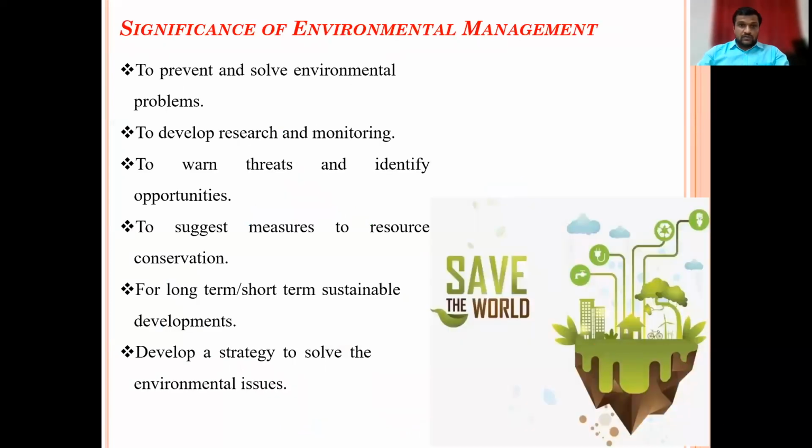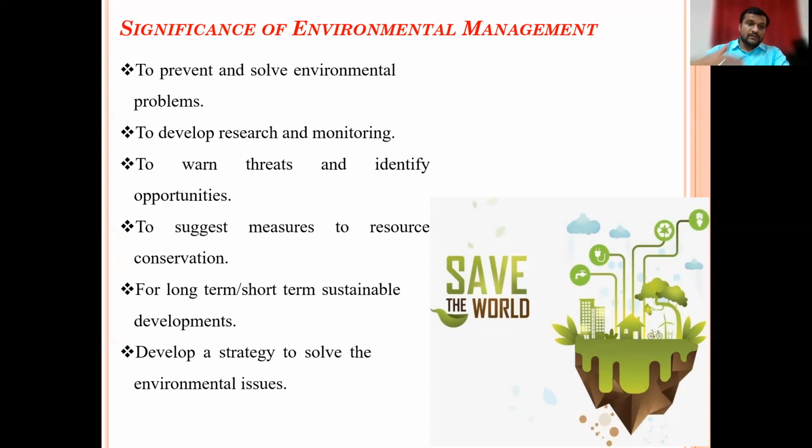Okay, so these are some of the significance of environmental management. It is used to prevent and solve environmental problems, to develop research and monitoring practices, to warn of threats and identify opportunities. Environmental management is also used to suggest different measures for resource conservation and natural resource management for long-term and short-term sustainable development goals.